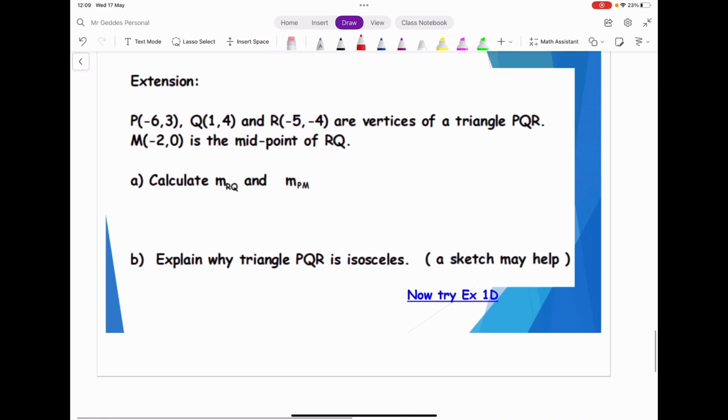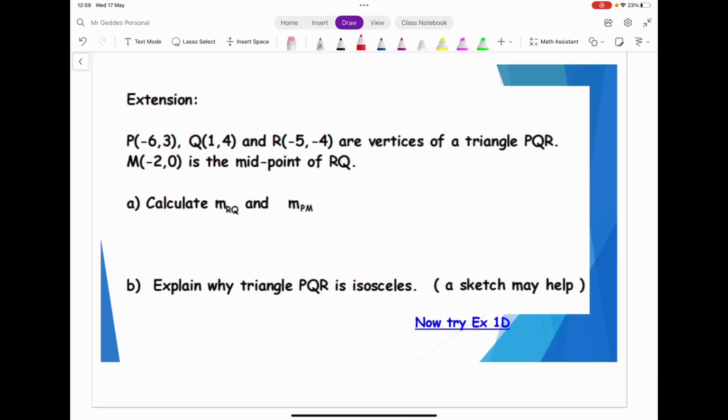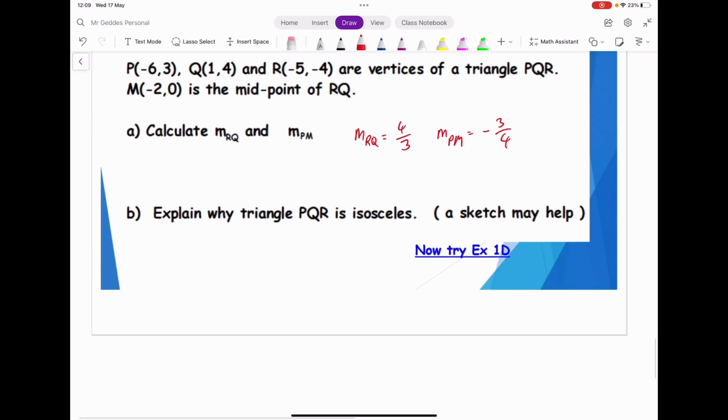The extension question as well, give you a second to have a go at that. The gradients are Q is 4/3 and PM would be -3/4. And then down here, explain why the triangle is isosceles.